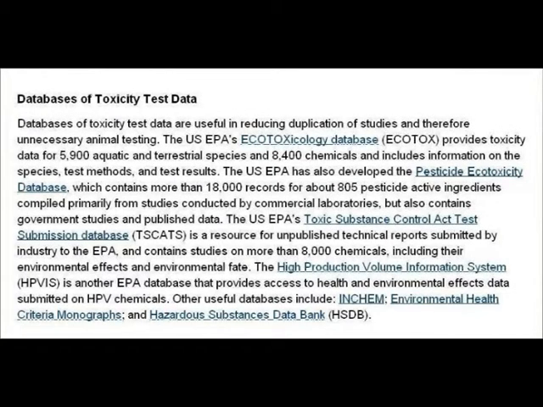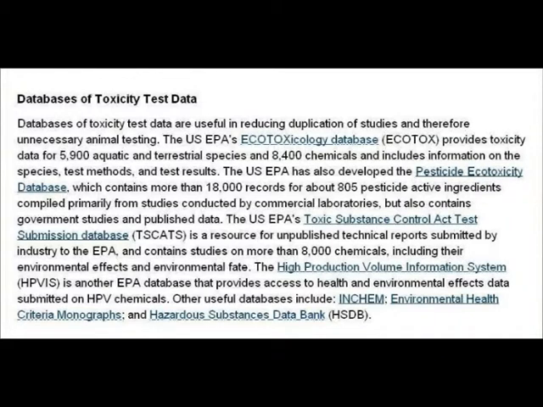This is the last slide of ecotoxicity, and it's about databases. A bit of a boring subject, but a very important subject, especially if you're a young researcher and you want to compare your results against known results. It reads, databases of toxicity test data are useful in reducing duplication of studies and therefore unnecessary animal testing.